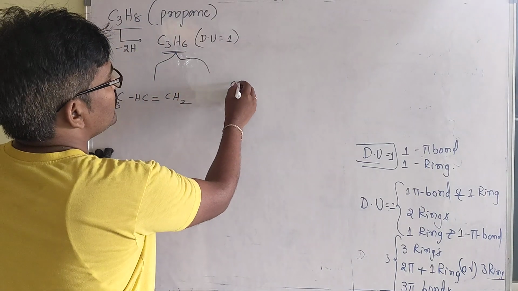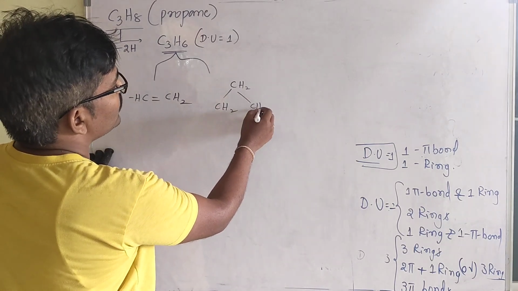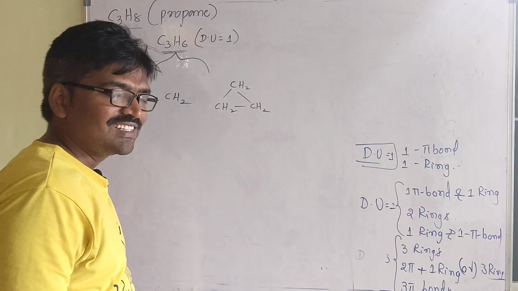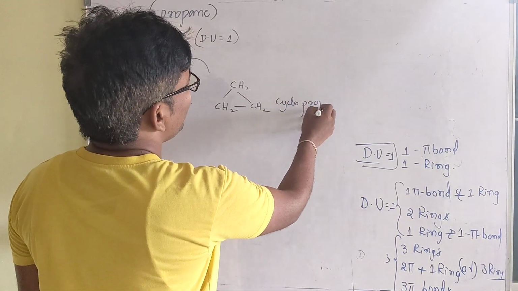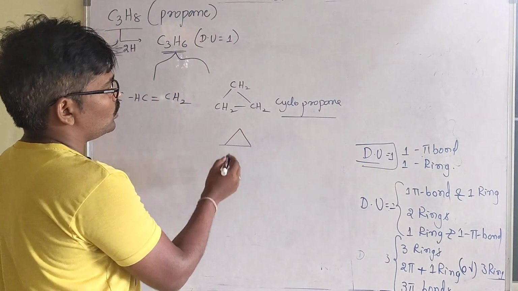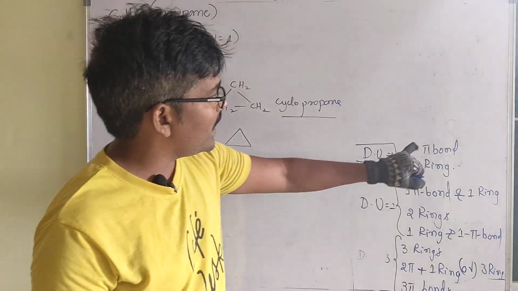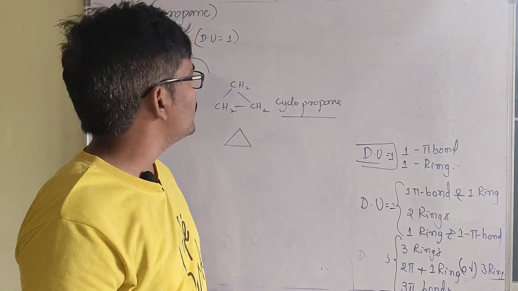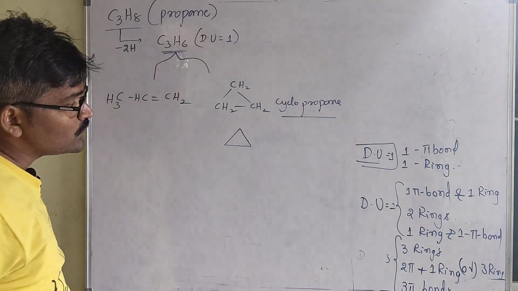Then in case of a ring, if you take CH2, then CH2, then CH2, what we call it is cyclopropane. In cyclopropane also, only 1 ring is there. So 1 pi bond or 1 ring, both are possible when degree of unsaturation equals 1.